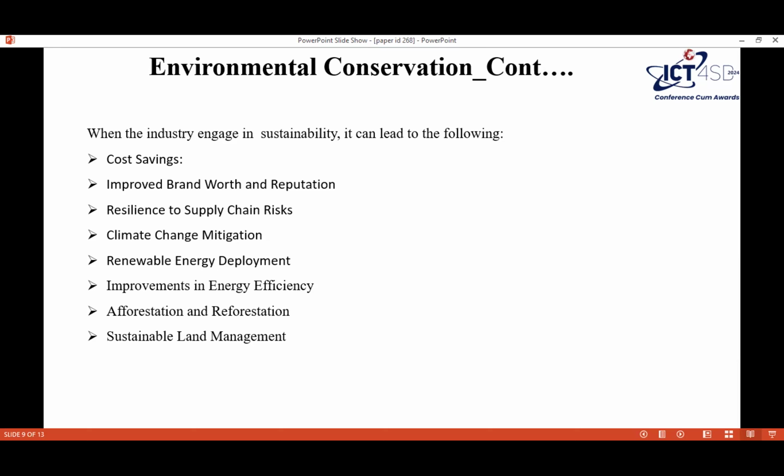It will also help to mitigate the climate change, and it will also have renewable energy deployment, improvement in energy efficiency, and it will also help in growing new forest and also have some sustainable land management.